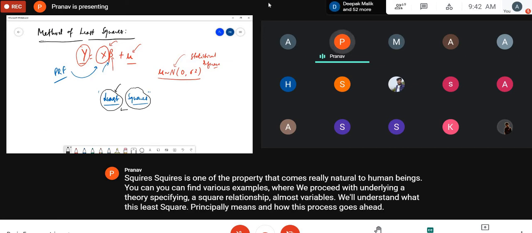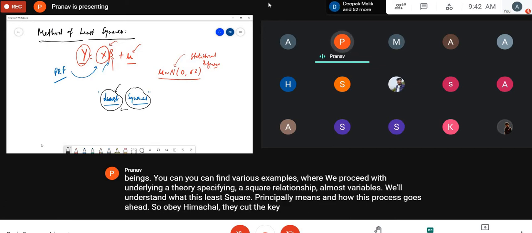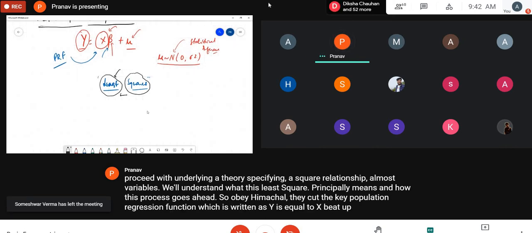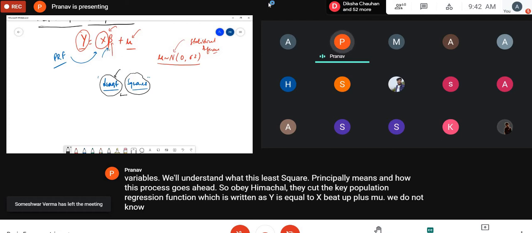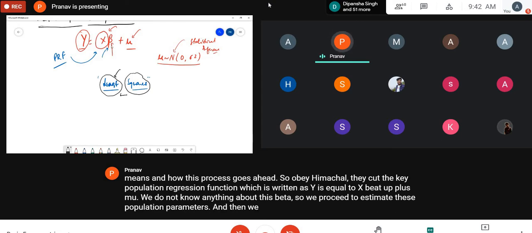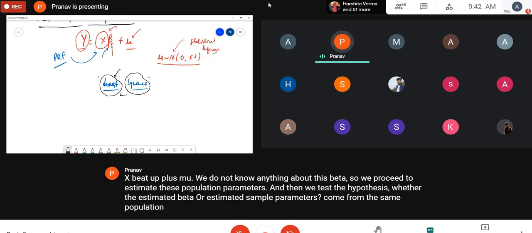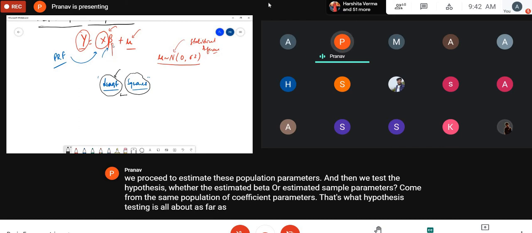So now what we saw earlier is that we have this population regression function, which is written as y is equal to x beta plus mu. We do not know anything about this beta, so we proceed to estimate these population parameters, and then we test the hypothesis whether the estimated beta or estimated sample parameters come from the same population of coefficient parameters. That's what hypothesis testing is all about as far as econometrics is concerned.